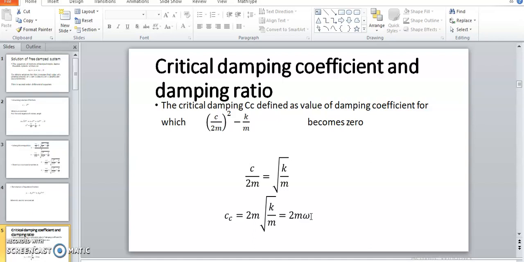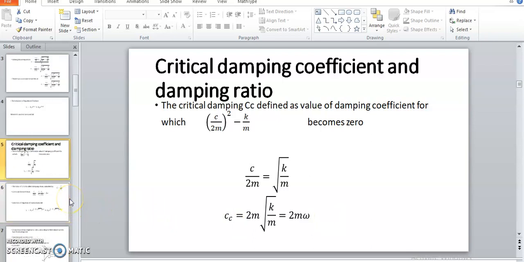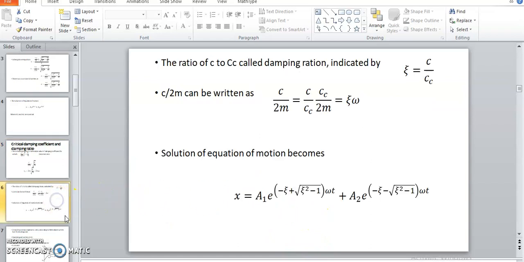In forced vibration, there are two different terms, omega n and omega, so there we write omega n. In free vibration, omega is nothing but omega n. So this is nothing but Cc, the critical damping coefficient.